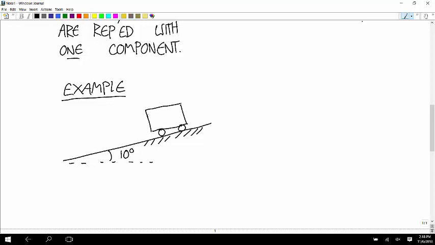The cart has a mass of, well, it turns out it doesn't matter what the mass is, but let's say it's 5 kilograms. What's the acceleration vector for the cart?